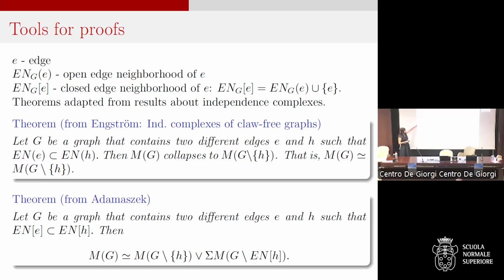What this theorem says is that if a graph contains two edges such that the open neighborhood of one edge is contained in the open neighborhood of another, then I have the same homotopy type if I remove that edge. And the same with the closed neighborhood, just a little bit bigger expression. I know that I can remove the edge, and I also have the part where I remove the entire closed neighborhood.